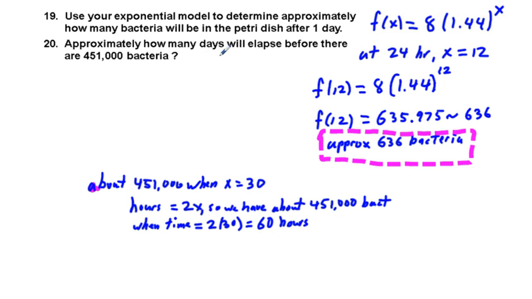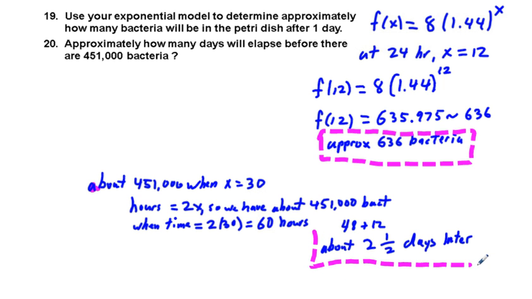So how many days will elapse? This will be over 2 days. Now 2 days is 48 hours, so we'll say 48 hours plus 12. So we'll say about 2.5 days later. That's assuming no constraints with food and all that. So that'll be our answer to problem 20.